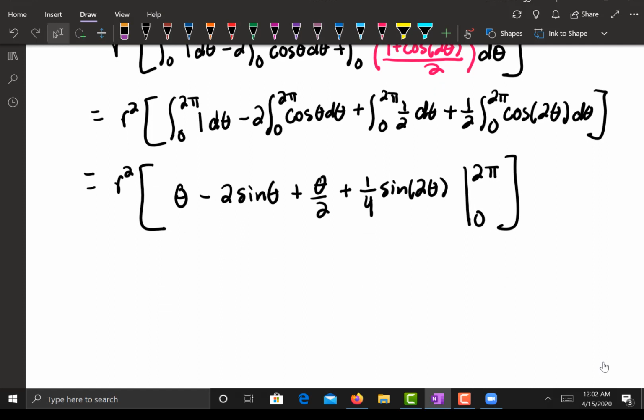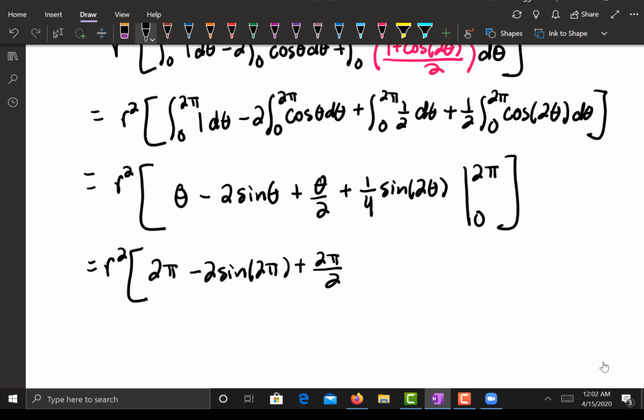I'll go ahead and tell you that at 0, that's 0, that's 0, that's 0, that's 0, so everything's going to die off. But at 2 pi, you get some stuff living. So let's see what's happening. I get 2 pi minus 2 sine of 2 pi plus 2 pi over 2 plus 1/4 sine of 2 times 2 pi, so 4 pi.